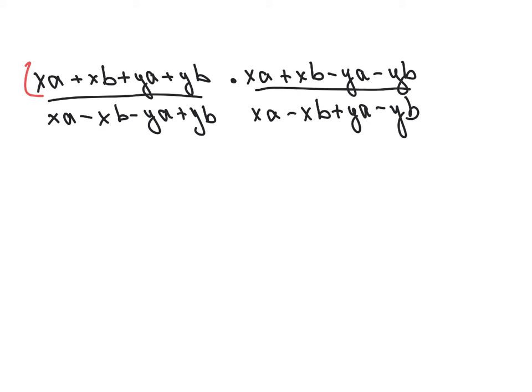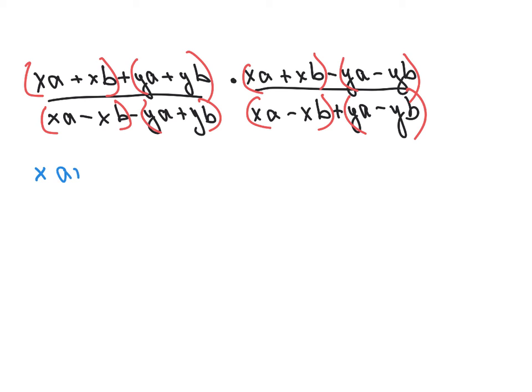So let's group these, and might as well just write these as groups all the way across here. All right, so let's look at the top one. Let's do that in blue. We're going to factor out an x and left with an a plus b. And we've got plus a y, factor a plus b.